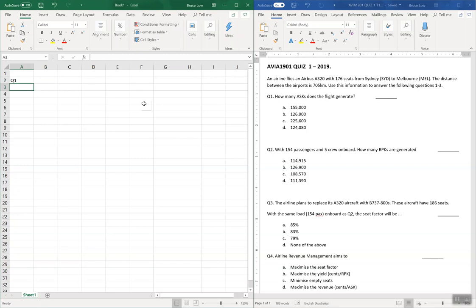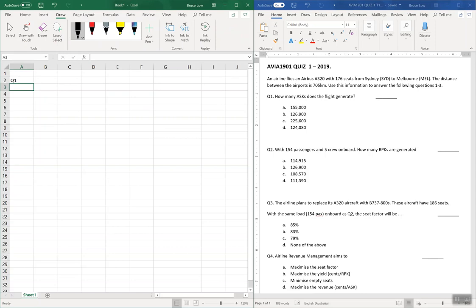An Airbus A320 with 176 seats flies Sydney-Melbourne, which is 705 kilometres, and you want to answer the next 3 questions with that. So the first one is, how many ASKs does the flight generate? Okay, so we know ASKs equals seats times distance.